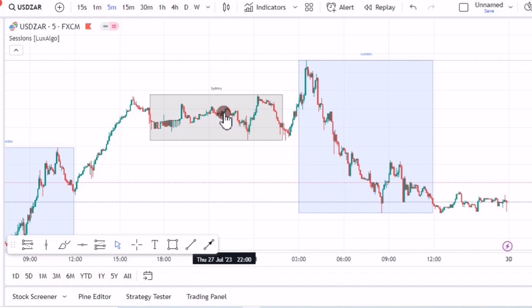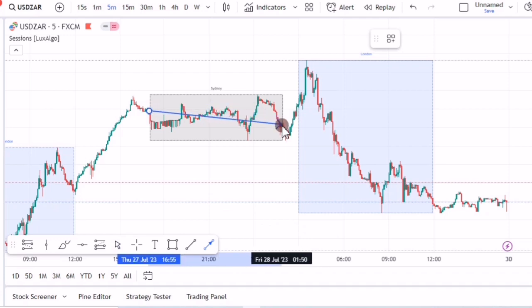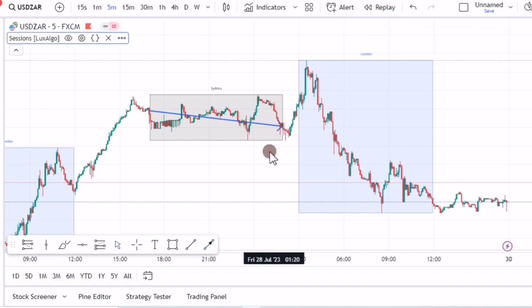You mark the starting point of the Sydney session and then you place your mark at the ending point of the Sydney session. What you see is that price is trending downwards. So for the most part on the London session, price will be selling. So you are supposed to find that sell entry.